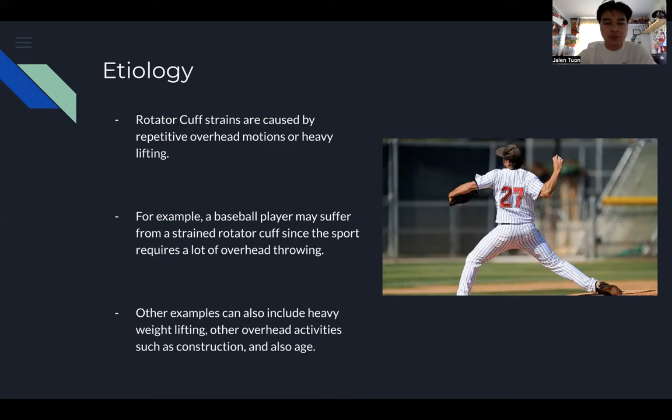Other examples include heavy weightlifting. Other sports such as tennis, swimming, basketball, golf can also cause injury. Also, besides sports, construction and age can play a factor in your injury.